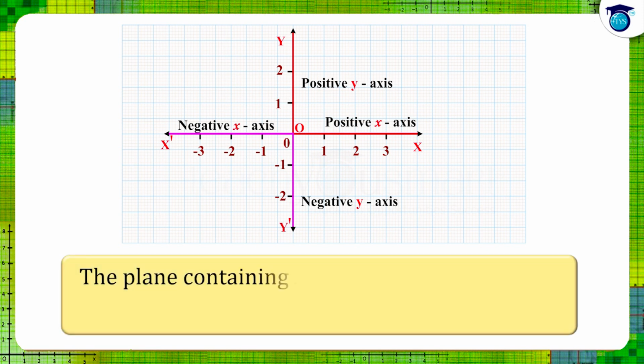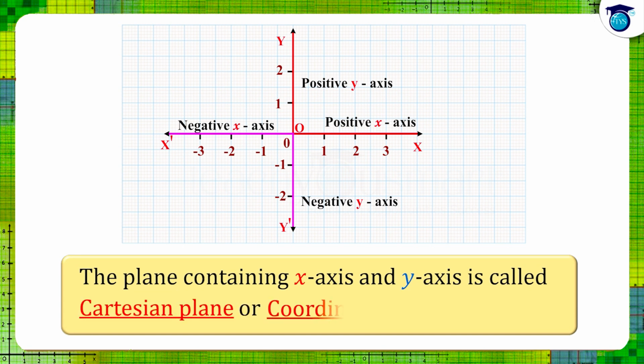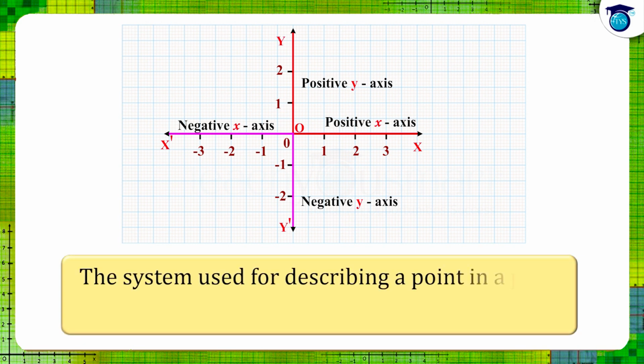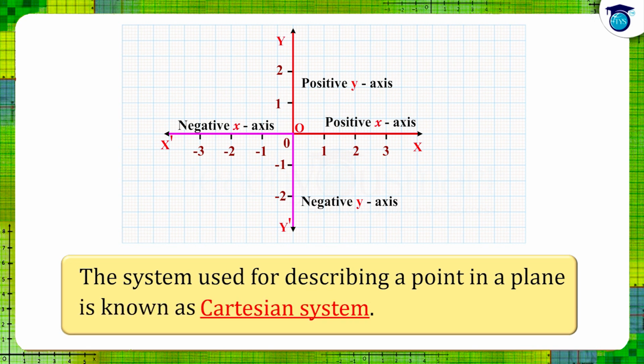The plane containing these lines, the x-axis and y-axis, is called the Cartesian plane or coordinate plane or xy plane. Hence, the system used for describing a point in a plane is known as the Cartesian system.